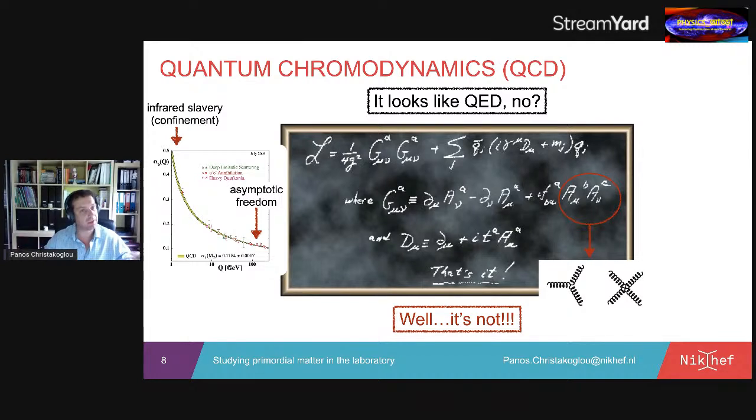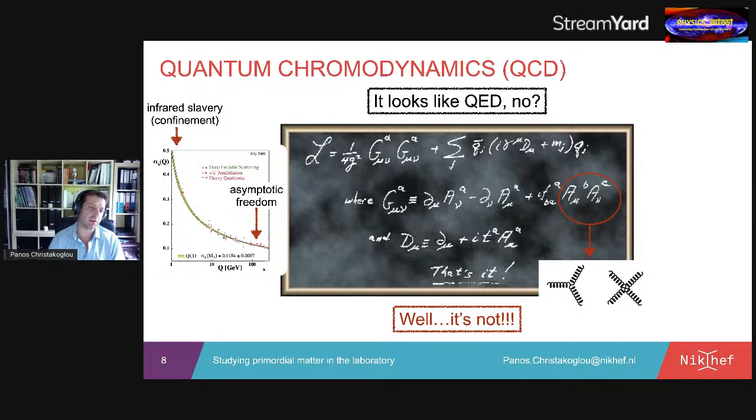Small q values, so small momentum transfers, mean long scales, so long distances. High momentum transfers mean very close distances.